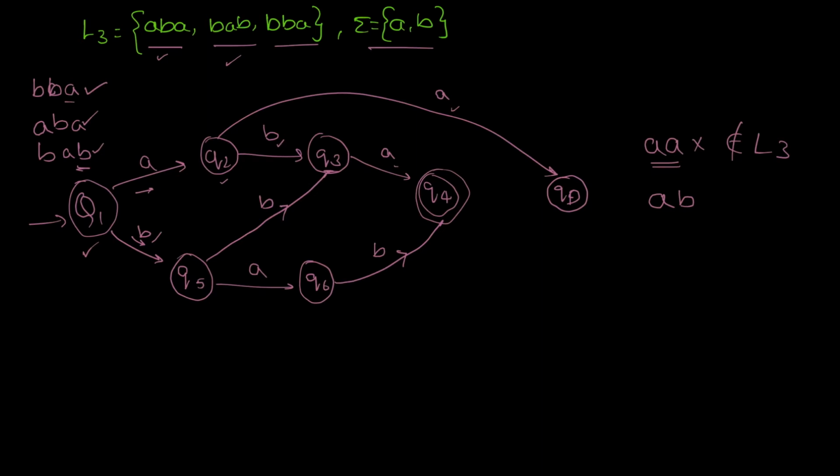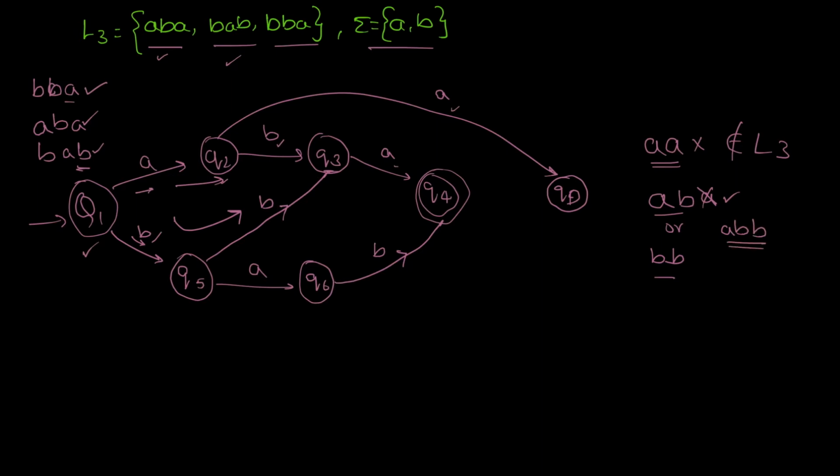By seeing AB in this way or BB in this way. So we reached Q3 by looking at either AB or BB. So at Q3, if we see A, we accept it. What if we see B instead of A after AB? I mean, what if we have a string like ABB?